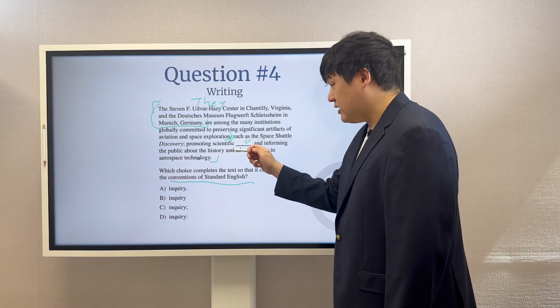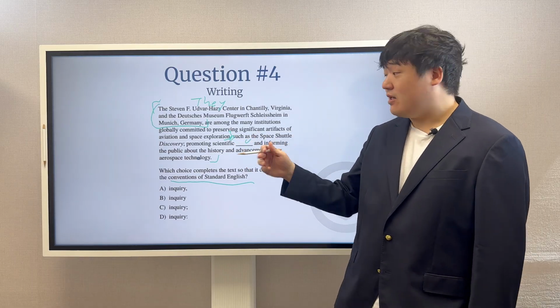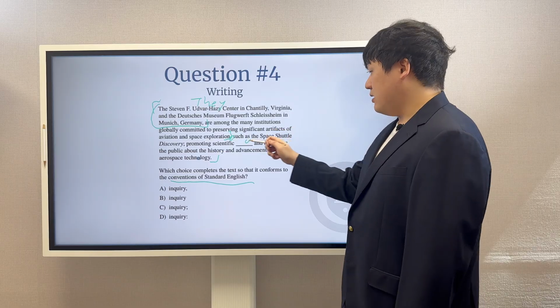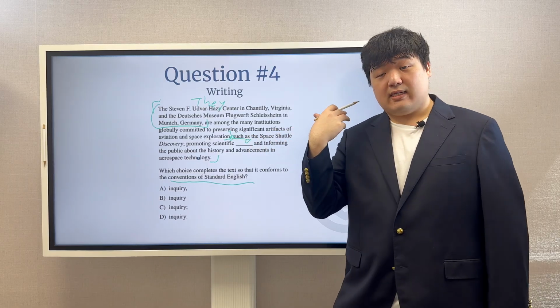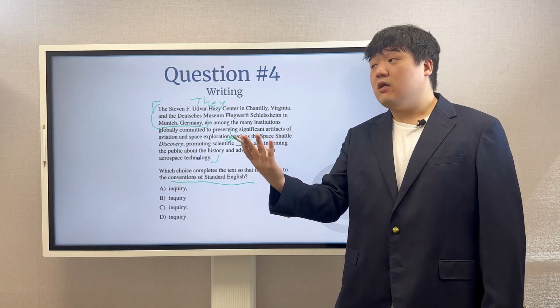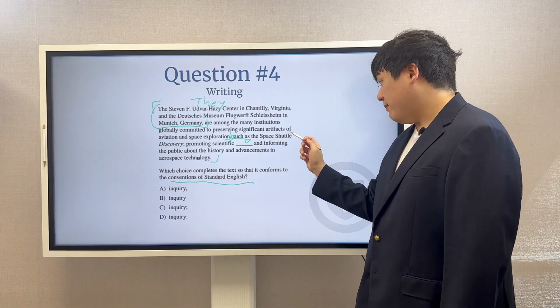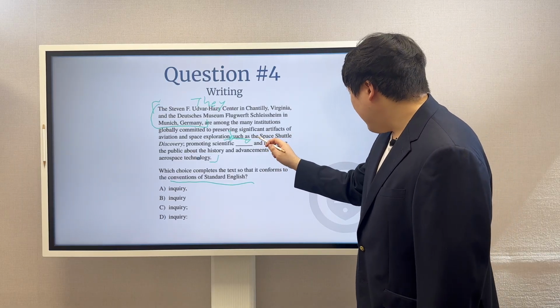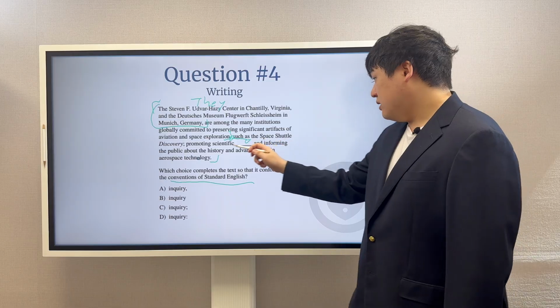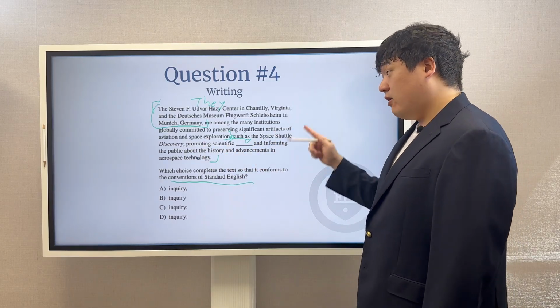Here's a comma. Pay attention to punctuation when you're dealing with grammar. Comma, "such as," okay, we've got an explanation, we've got a comparison. That means that we've got a list coming. So what do we have here? "The Space Shuttle Discovery," semicolon. Okay, hold up.